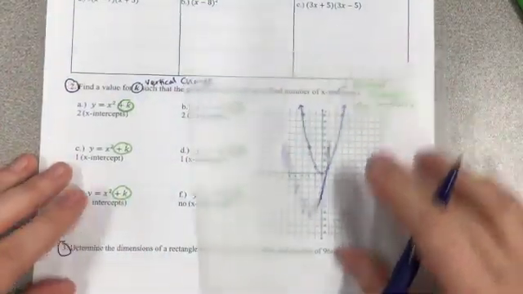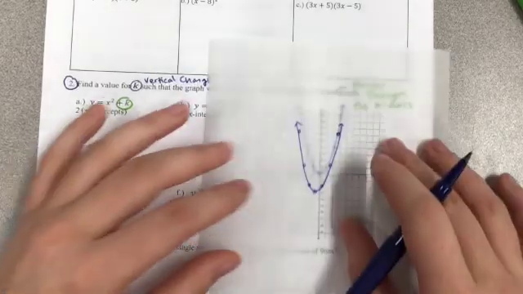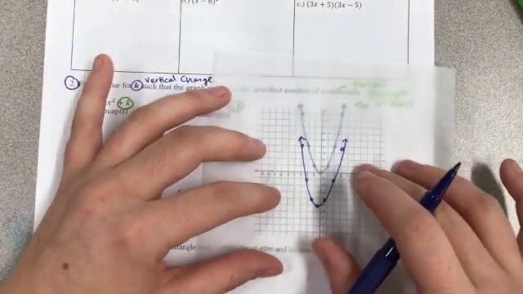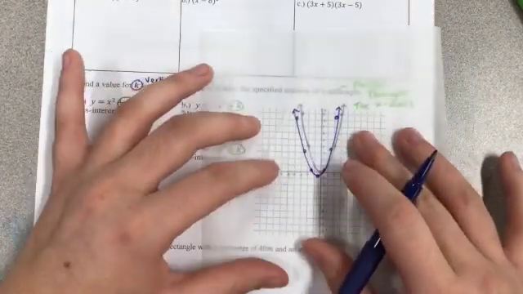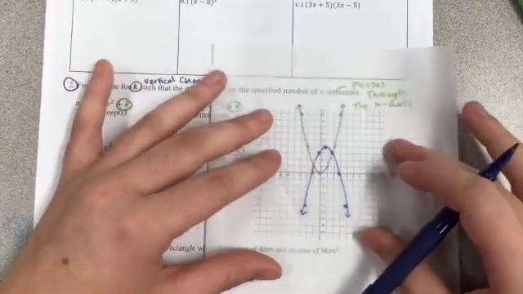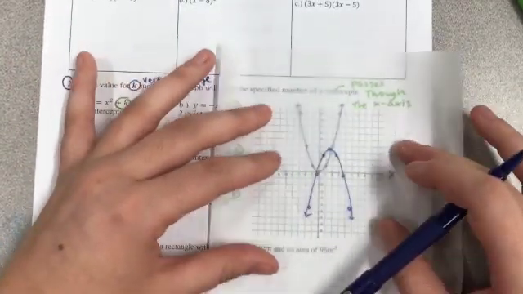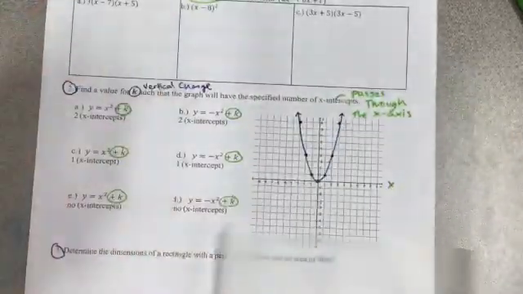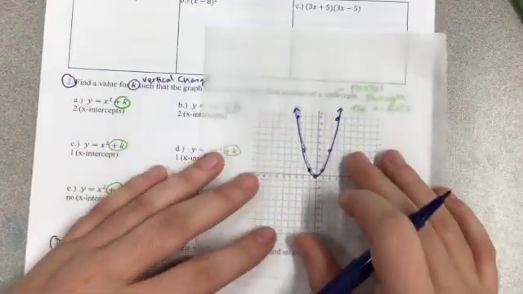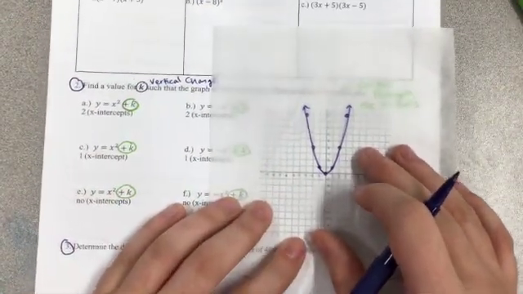So this tool is going to let me take this picture and move it around. So I can move it down, up, left, right. I can even flip it upside down if I want to show that it's facing downward with an a value of -1. So like I said, right now it has 1 intercept.